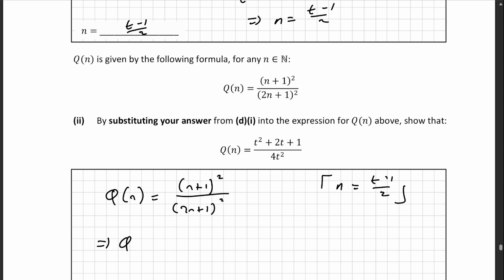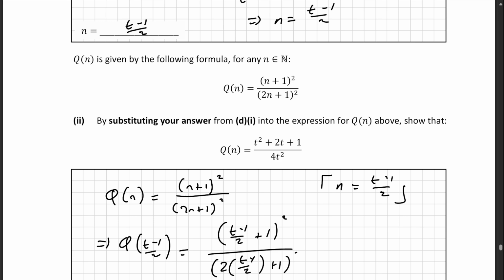So q of t minus 1 over 2 is t minus 1 over 2 plus 1 squared all over 2 times t minus 1 over 2 plus 1 squared.